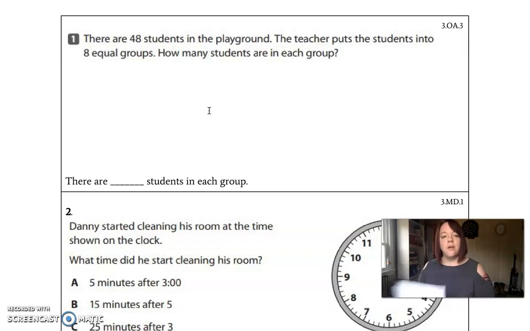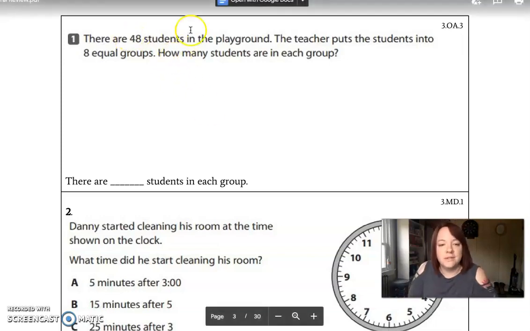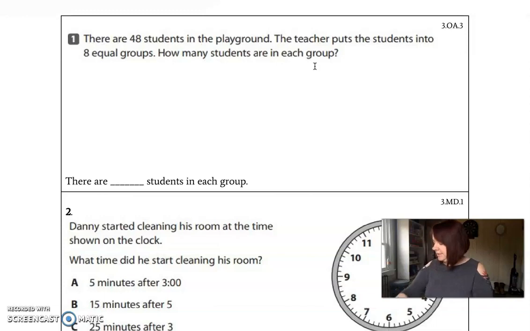All right. There are 48 students in the playground. The teacher puts the students into 8 equal groups. How many students are in each group? Well, let's draw this out, shall we? All right, 48 students on the playground.